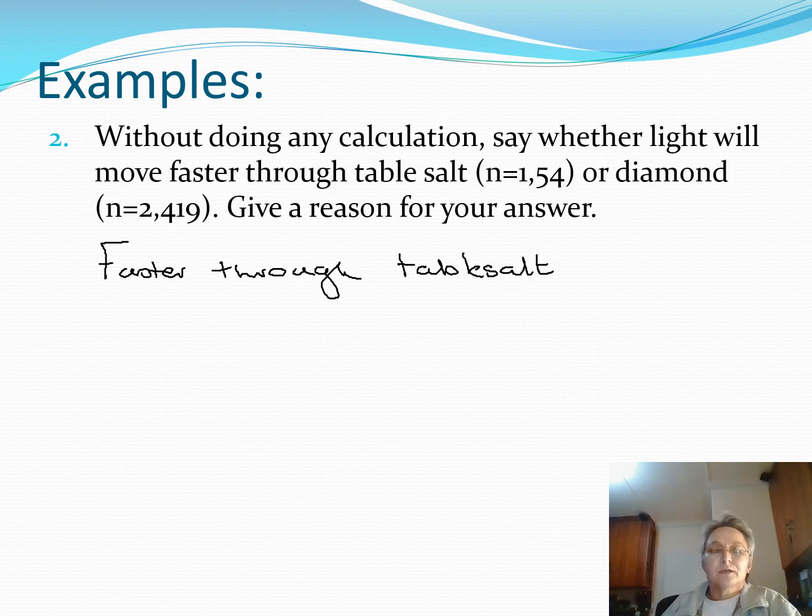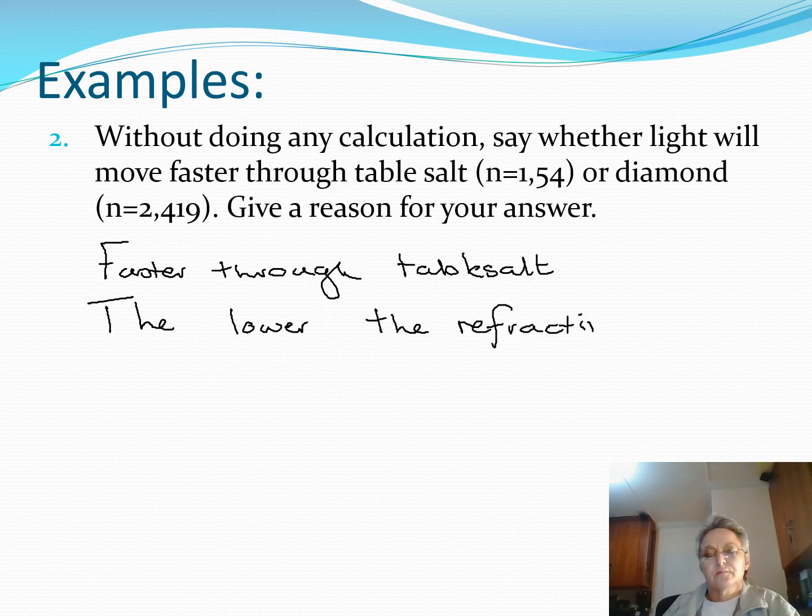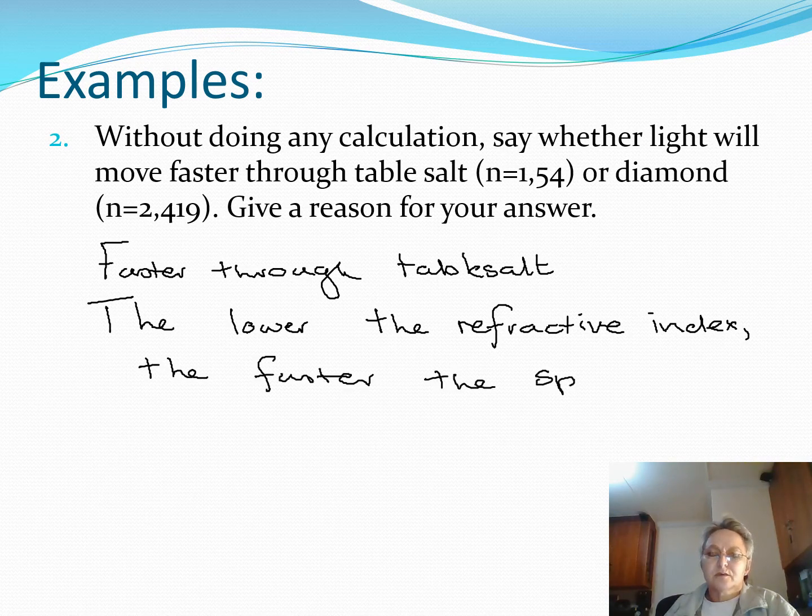The reason for that: the lower the refractive index, the faster the speed of light in the medium.